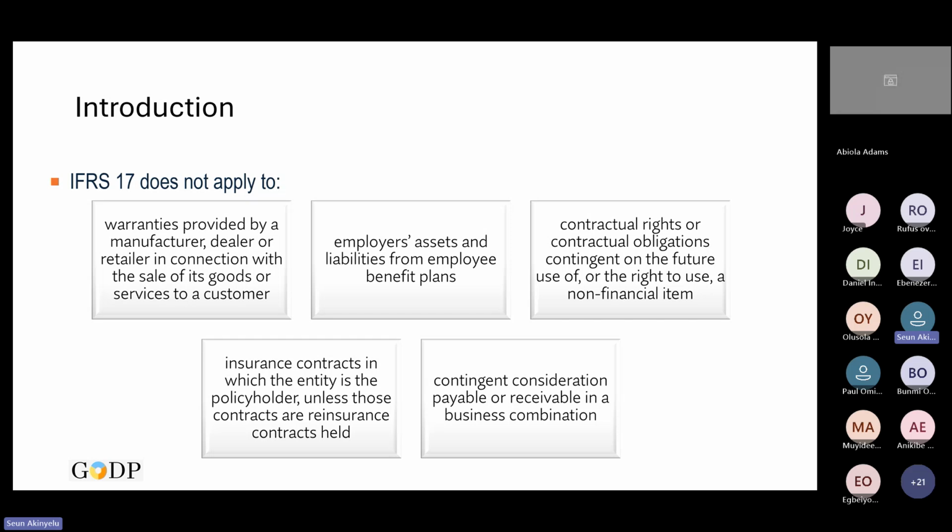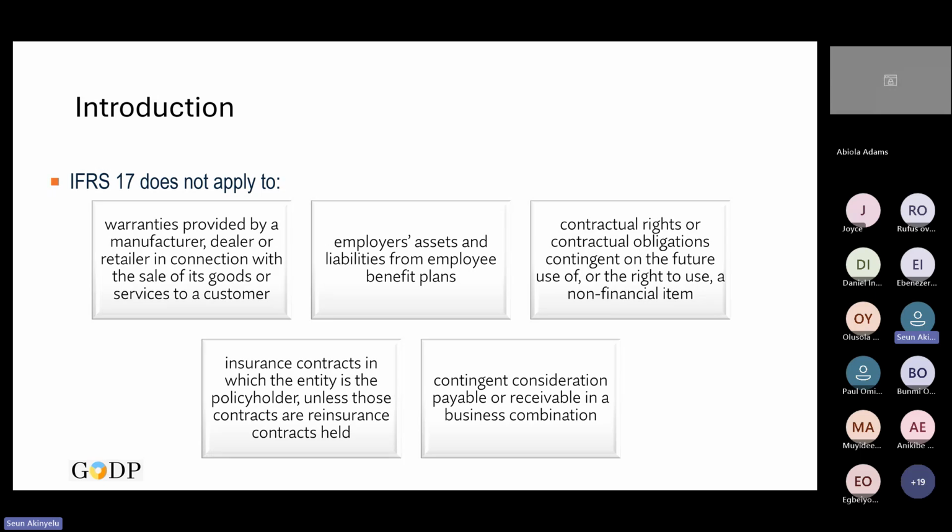Other things that are not within the scope are things like contingent consideration. Remember, contingent consideration is already within IAS 37 provisions. Contingent considerations are those where you have a present obligation as a result of a particular thing that you have done, but it is not probable, only possible, meaning there is less than 50% probability of that particular amount being paid or the liability crystallizing.